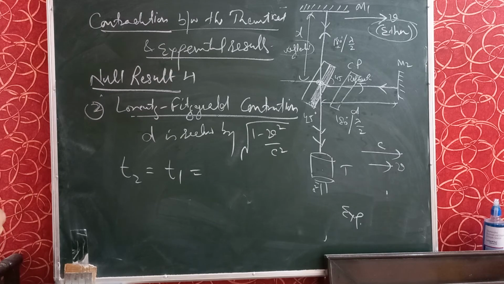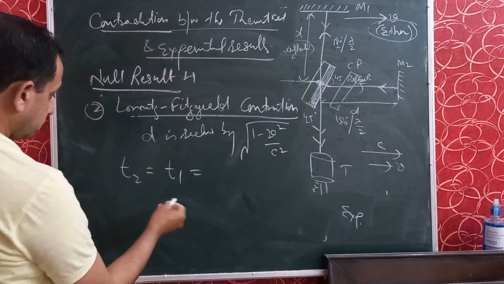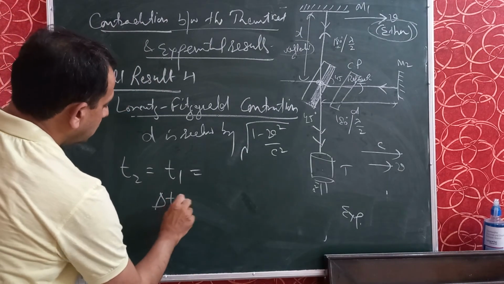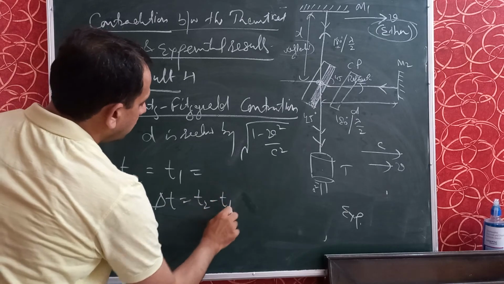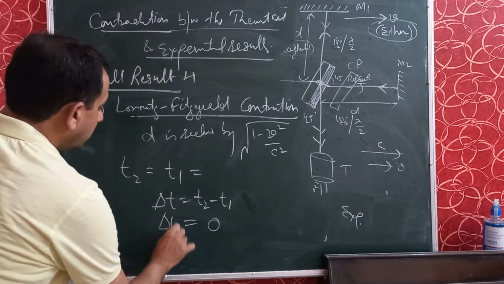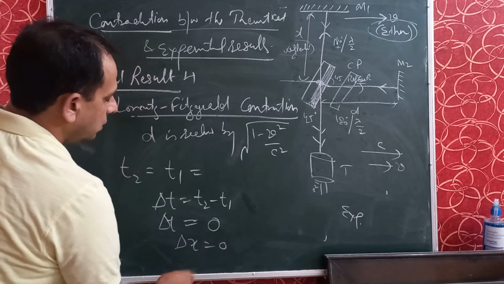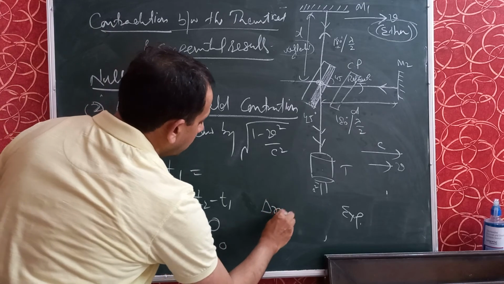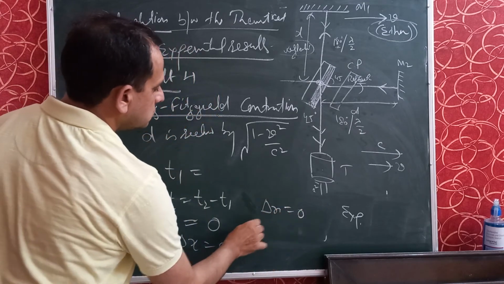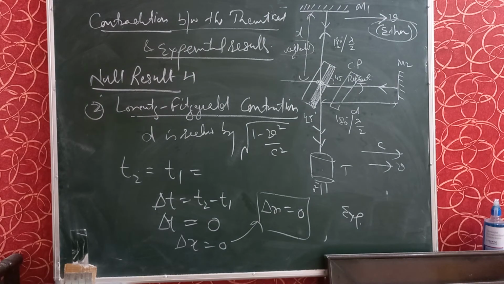The difference in T is T2 minus T1. If both are same, then it will become 0. If delta T is 0, it means delta x also becomes 0. Delta x 0, it means delta n also becomes 0. And hence, in this way, the null result is obtained.